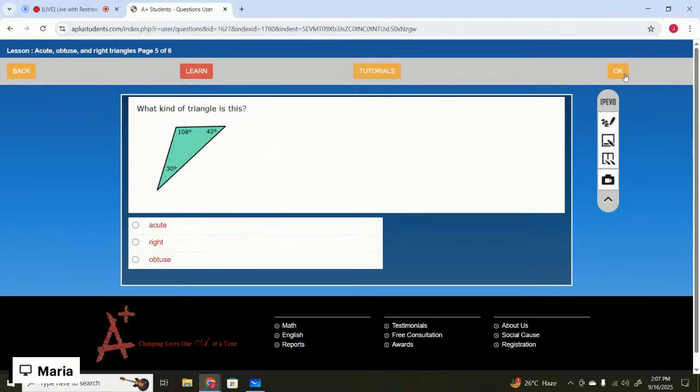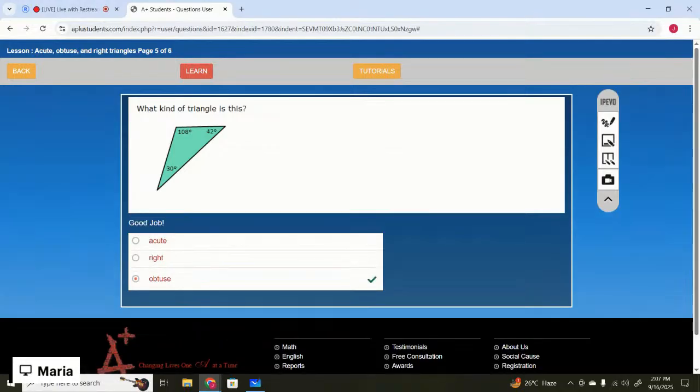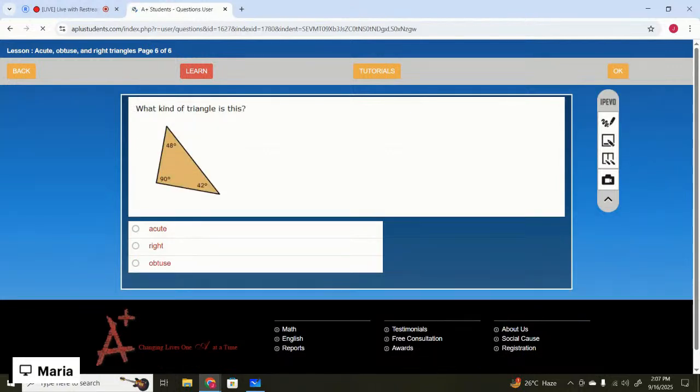That is an obtuse triangle because one of the angles is more than 90 degrees. What kind of triangle is this? That is a right triangle. Option number 2 is the correct option.